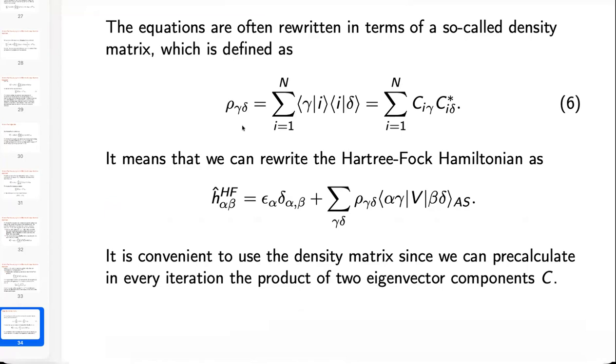You would typically call this a density matrix, and it is defined like this. Then you can rewrite this in a much more compact way, and that normally speeds up the computations as well. So this is just part of the calculational recipe, one of the ways of implementing the Hartree-Fock equations.